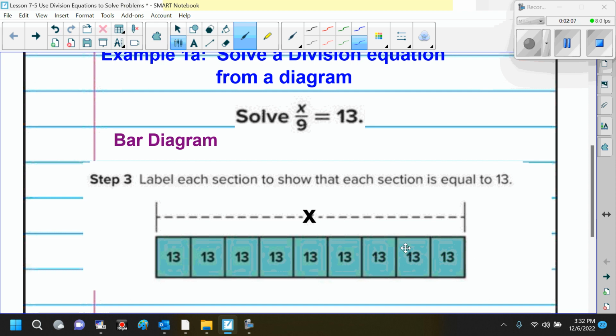Of course, repeated addition is equal to multiplication. So here, what we can do is 13 times 9 to get what x is equal to. So x is equal to 117, because we multiplied 13 times 9, okay?